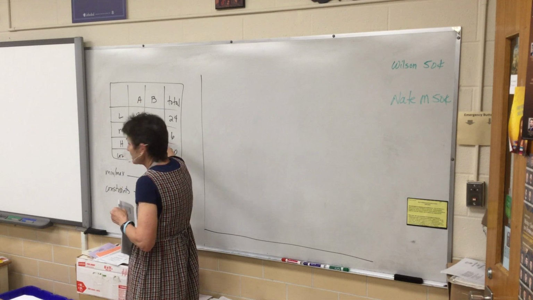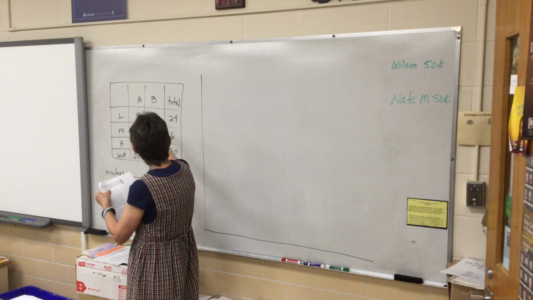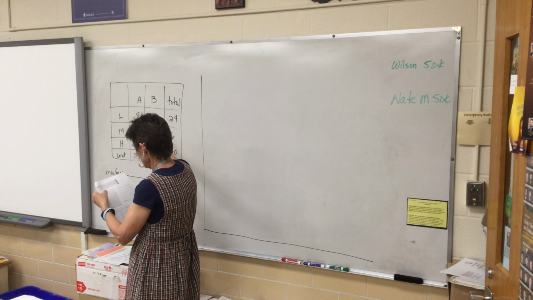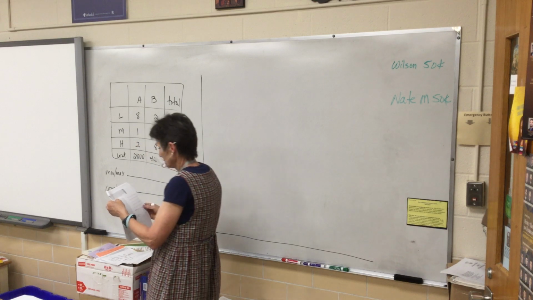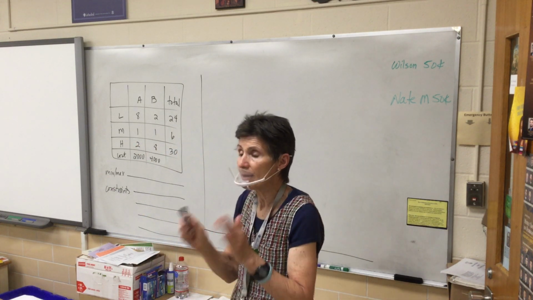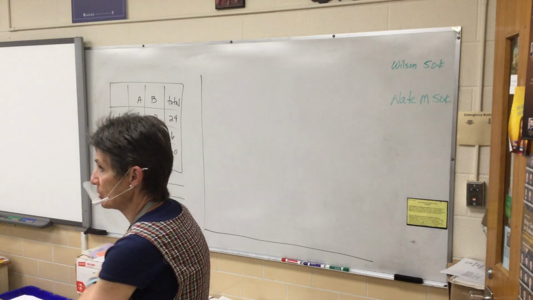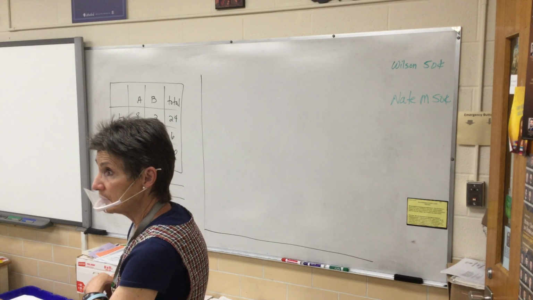So this is all A information, so it's in the A column. And then D is 2, 1, 8, and 4,000. Have I organized every number in the problem into my chart now? I have.